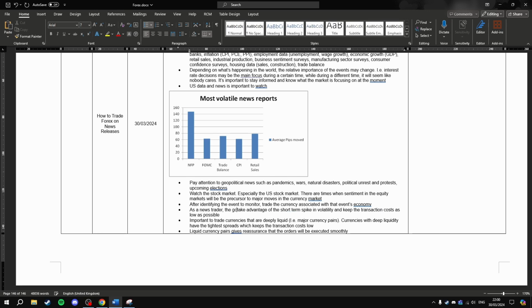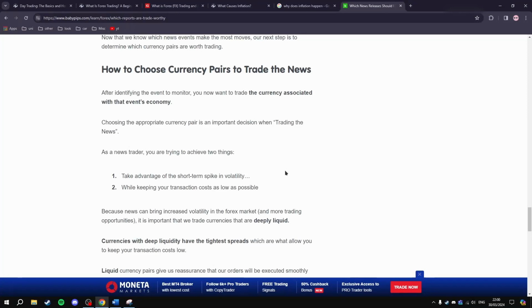The goal is to take advantage of the short term and keep the transaction costs as low as possible.